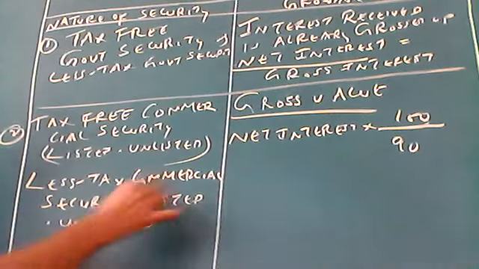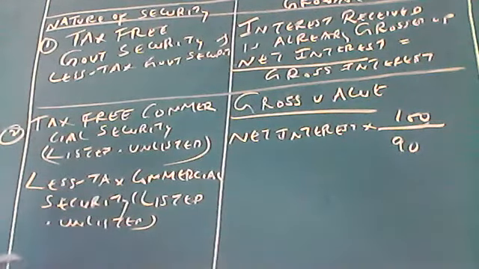That means we have to calculate gross value. How to calculate gross value? Net interest into 100 by 90. But how to calculate net interest? Net interest is equal to face value of investment into interest rate.